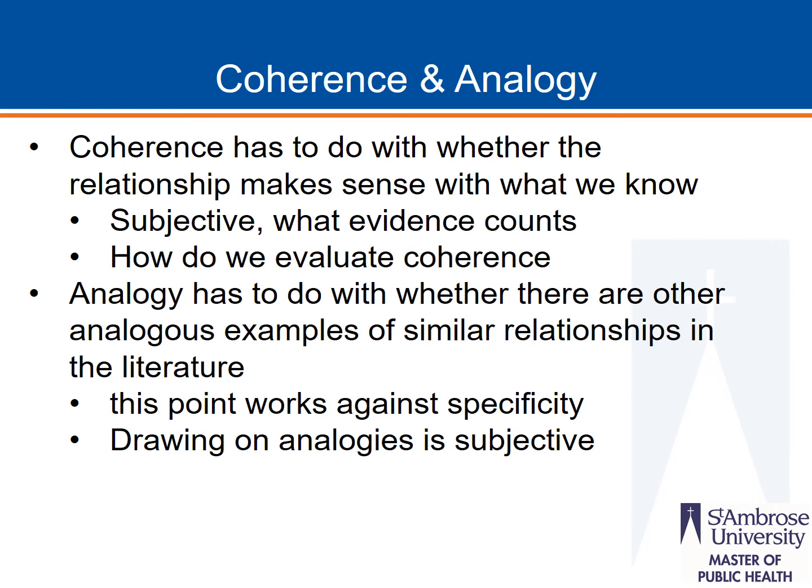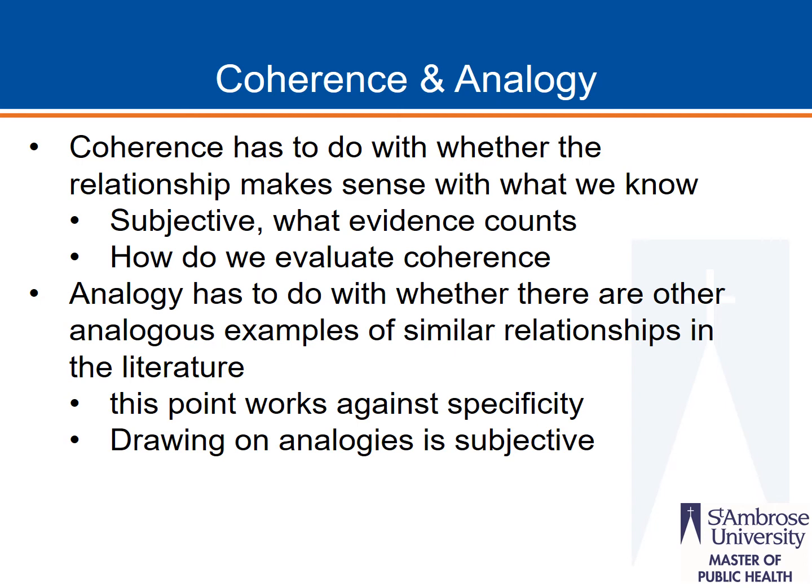The next argument that I'm going to talk about are actually two different criteria, coherence and analogy, and I'm putting them together because these are very slippery arguments. Coherence really has to do with whether the relationship makes sense with what we know. Typically, we'll build that argument around biological plausibility, and plausibility as a concept may cover this concept of coherence.